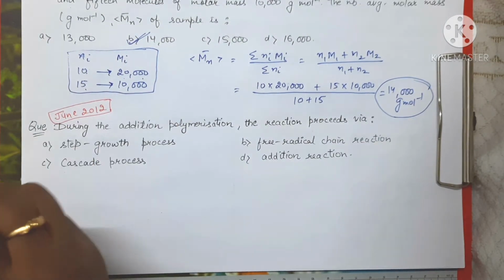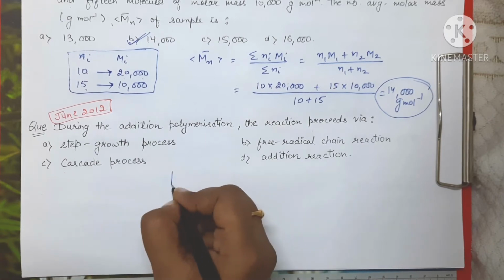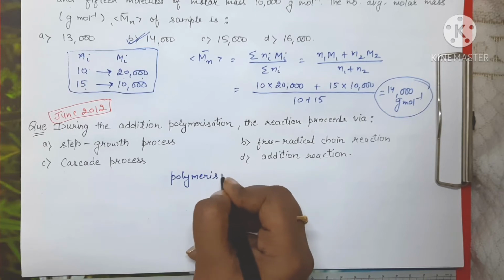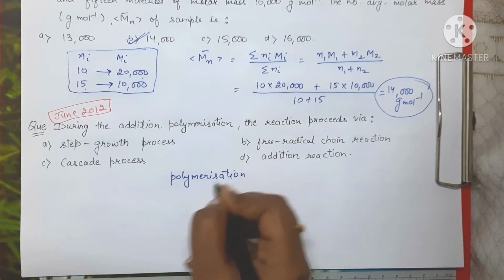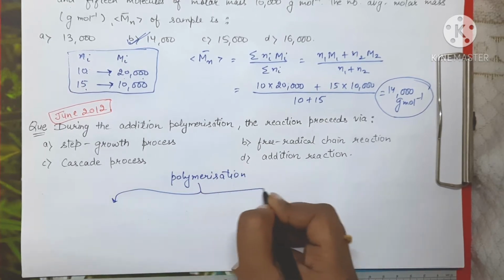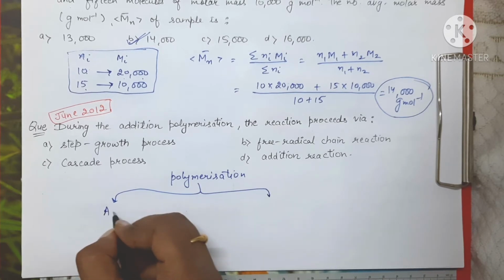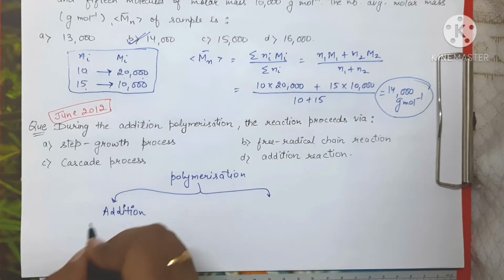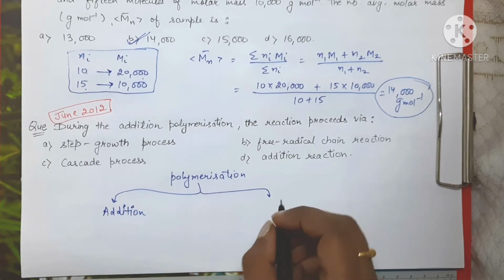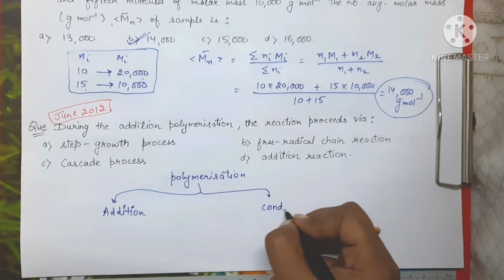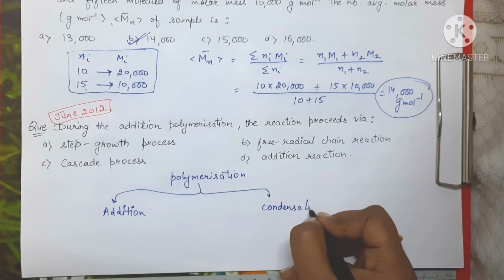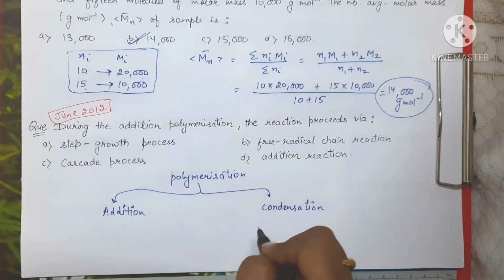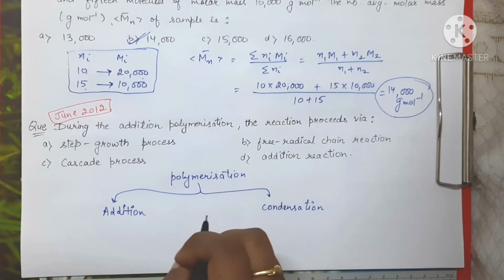So if you look at the polymerization process, this polymerization could be happening because of the addition reactions or the condensation reactions, right? Polymerization can occur either through addition or through the condensation processes.